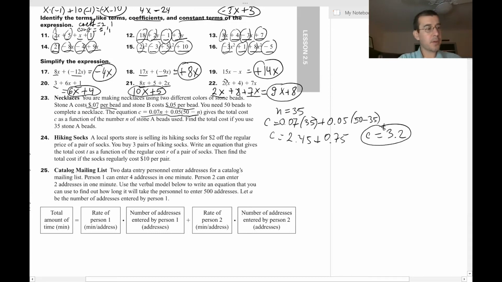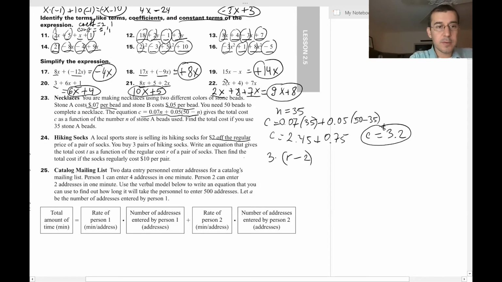Okay. 24, hiking socks. A local sports store is selling its hiking socks for $2 off the regular price. So if the regular price is R, 2 off is minus 2. You buy 3 pairs of these socks, so 3 times this.